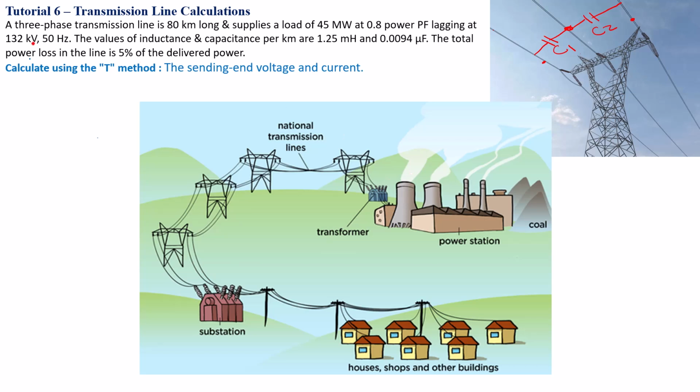So we've got a system here where there is 132 kilovolt at 50 hertz that is transmitted across this line. Now, just a background story here. This is a power system station, a coal-fired power plant. You've got your coal here, being loaded onto the conveyor belt, which then transports the coal into the boiler, where it is combusted to produce high pressure steam.